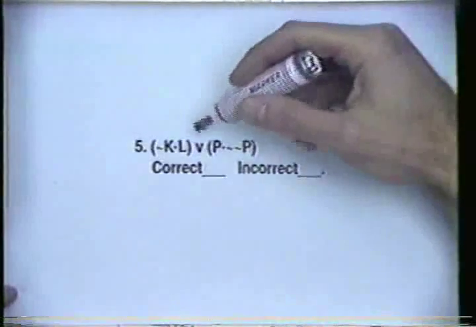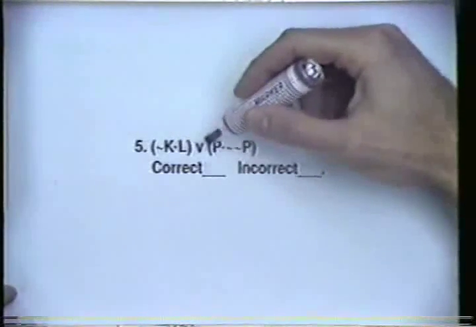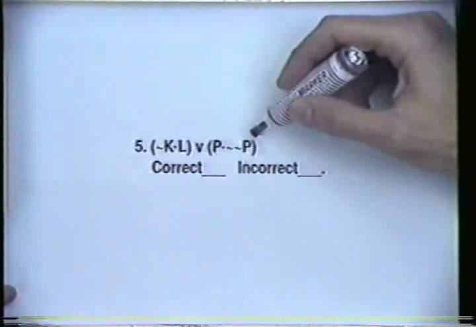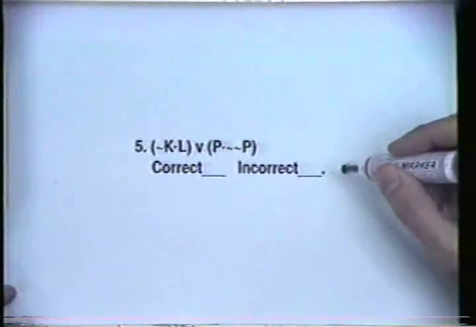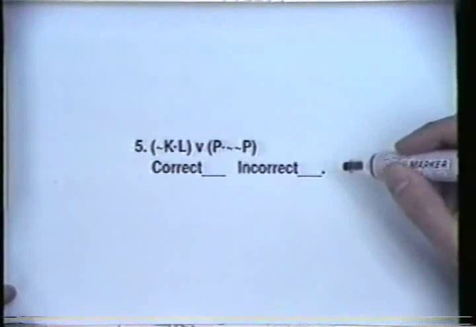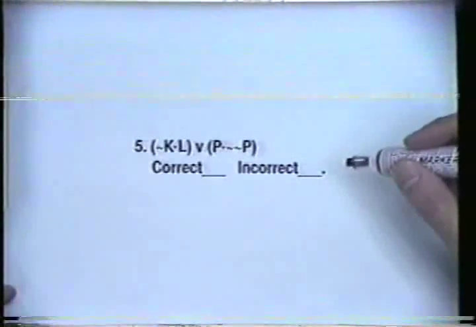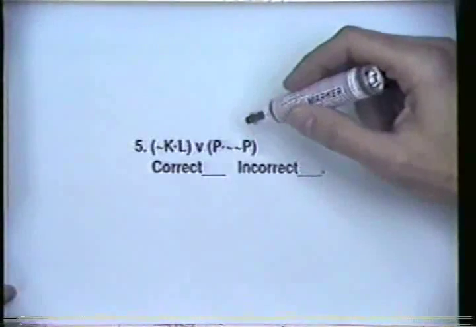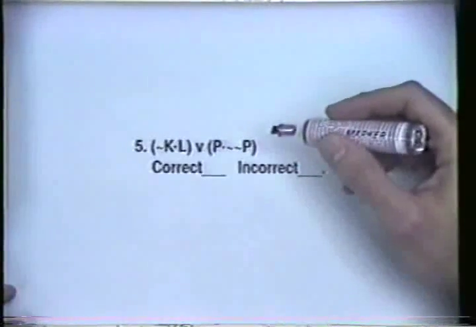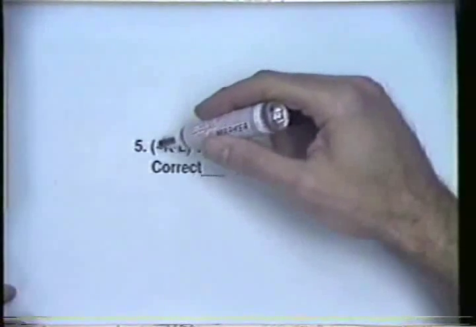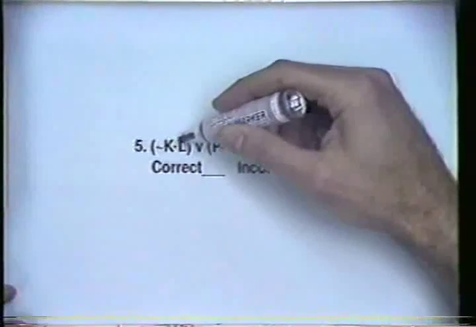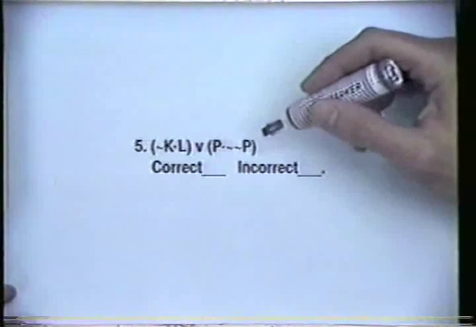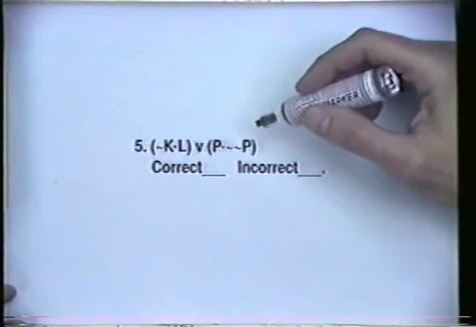We have either not K and L or P and not P. When I ask whether it's correct or incorrect, remember, what I'm asking is simply whether we have a grammatical statement. We want to know whether this is well formed. And what that in effect amounts to is consideration of what the order of the different elements in the sentence is. Is it one that's acceptable or not?